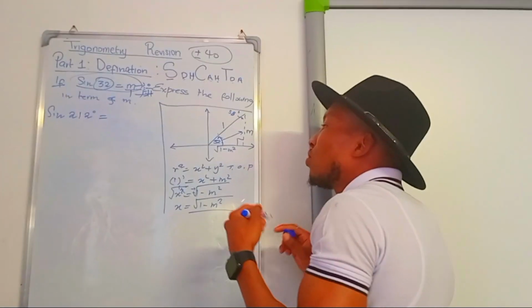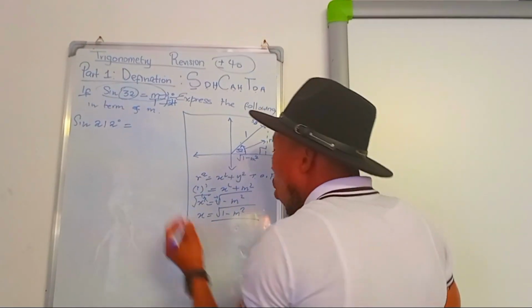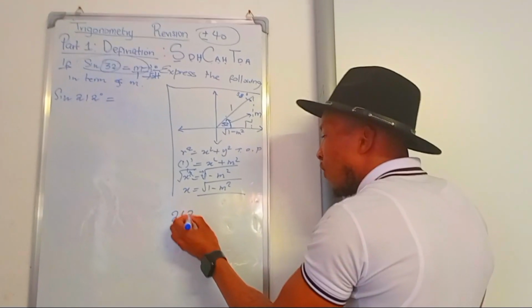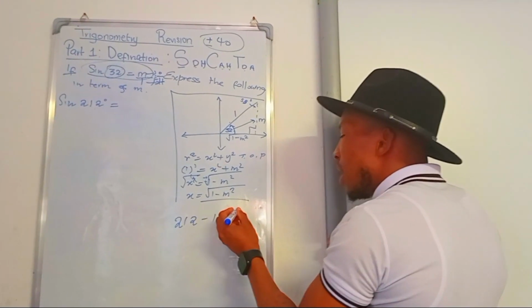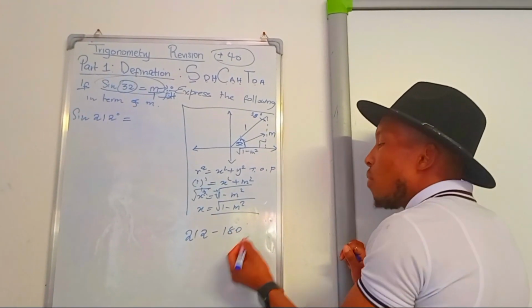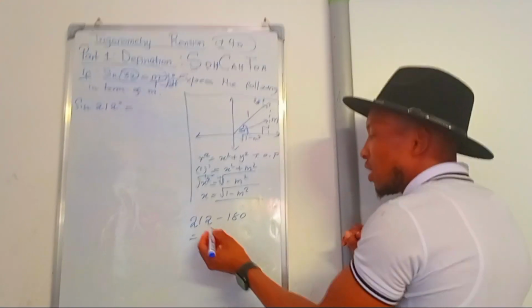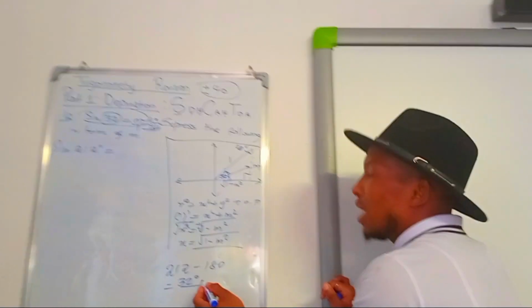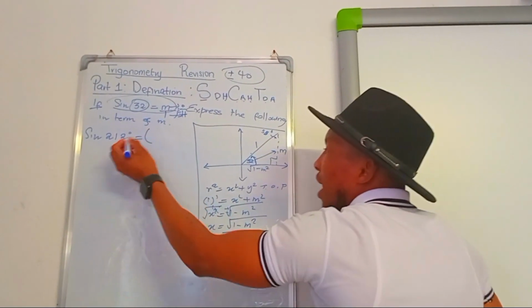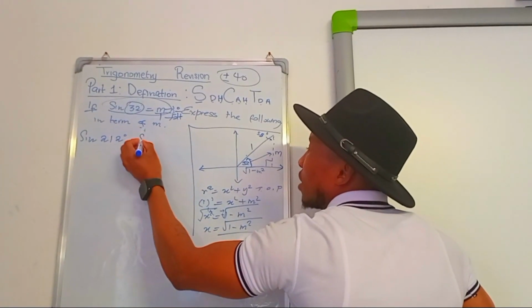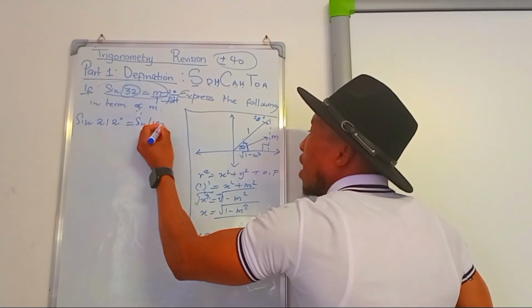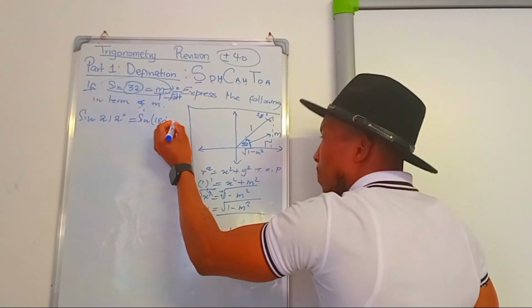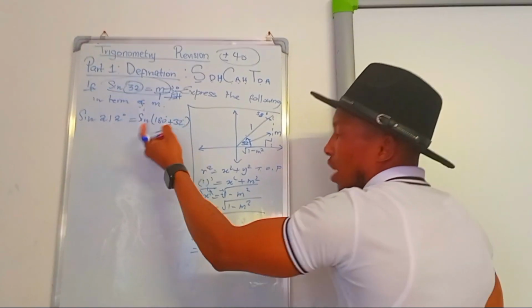So we say 212 minus 180, and we get 32 degrees. This 32 degrees is an acute angle that we need to add, so we have sine of 180 degrees plus 32 degrees.